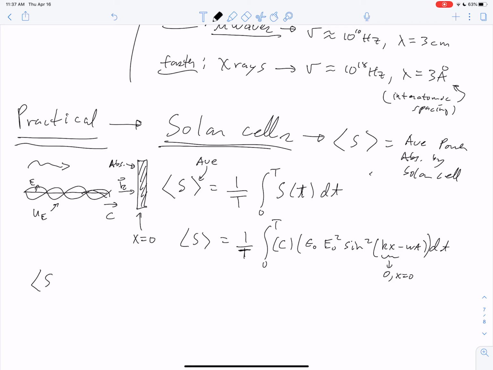So this integral gives the average power hitting my solar cell from light coming off of the sun. And this 1 over T, remember, is the frequency, nu, because frequency is 1 over period.